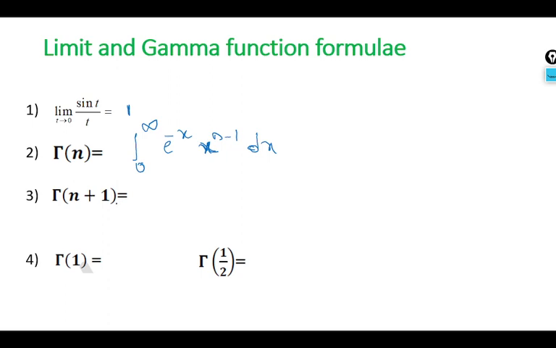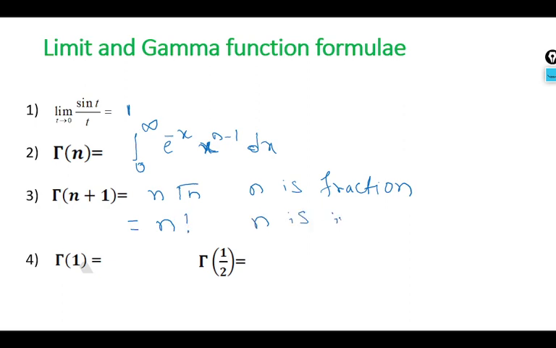But yes, the properties we require in numericals. The first property is gamma n plus 1. Gamma n plus 1 is given as n gamma n, if n is a fraction. And gamma n plus 1 is given as n factorial if n is an integer.